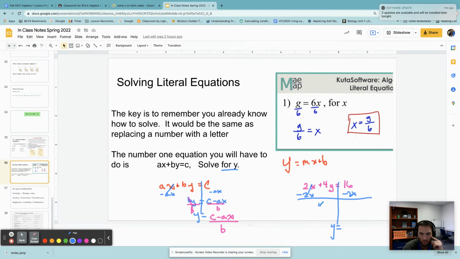This gives you 4y is equal to 16 minus 2x, then divide by 4. And that 16 divided by 4 is 4 minus 1/2 x. And you solve for y. So you're going to do the same thing you've been doing with inverse operations and apply it to literal equations.